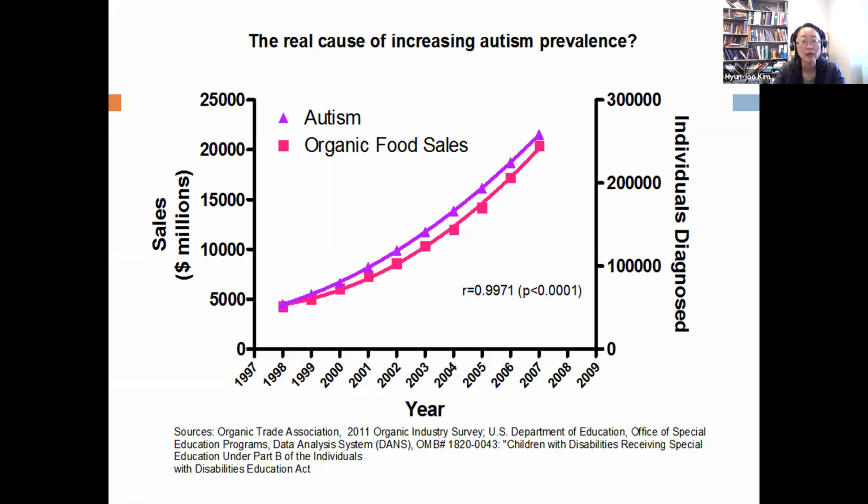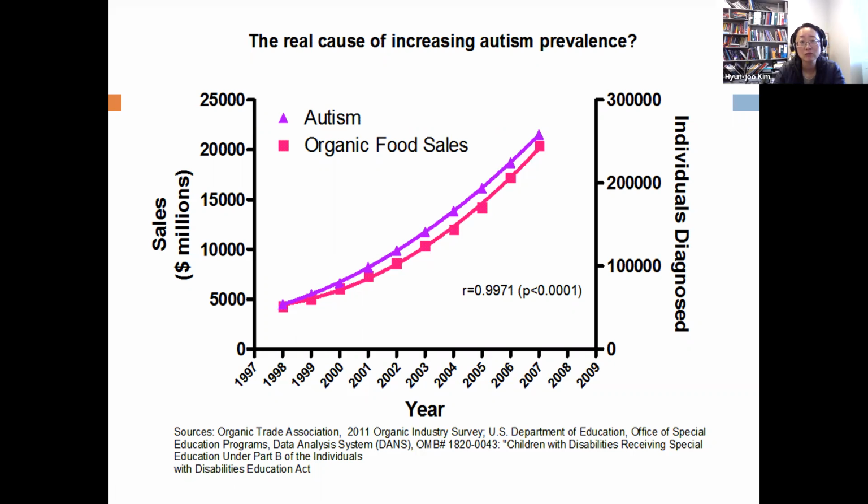The graph shows that both the purple one, the number of autism cases, and the pink one, the organic food sales, are increasing as time goes on. Arguably, whether there are more autistic kids or we have actually gotten better at diagnosing autism is a different issue. That's not what we are trying to argue here. But the fact is the data actually show the increasing trend.